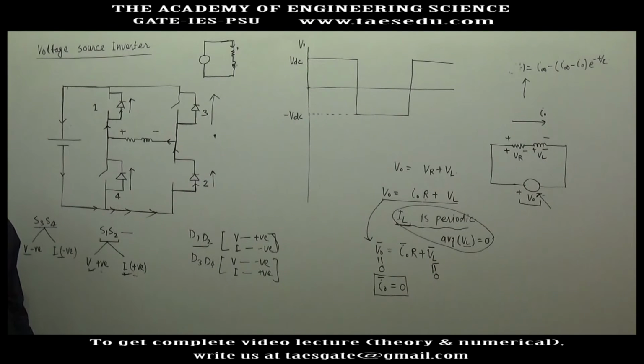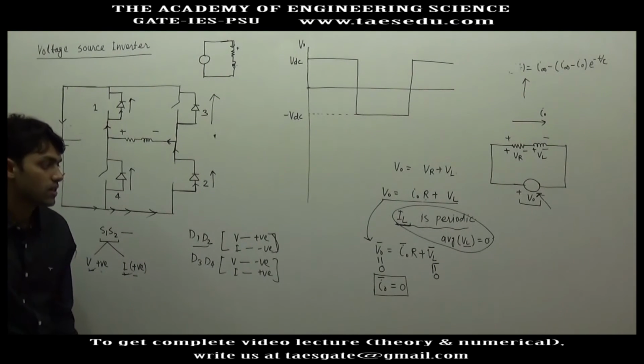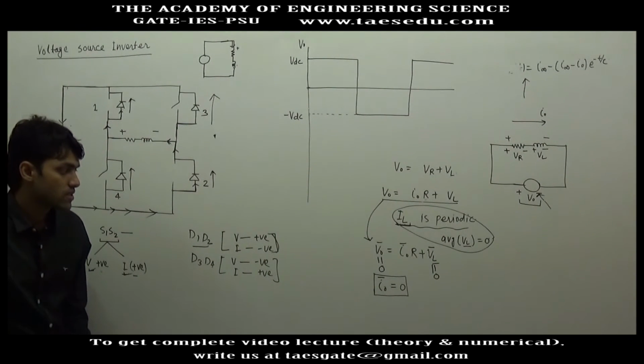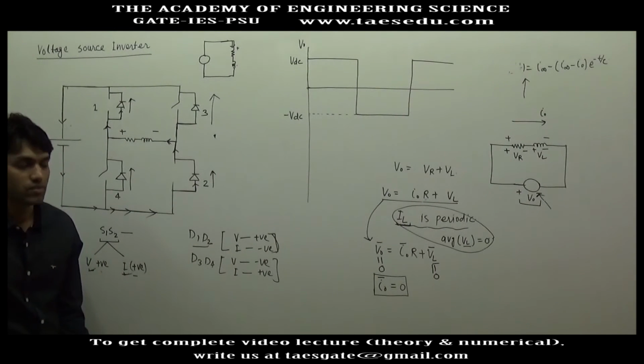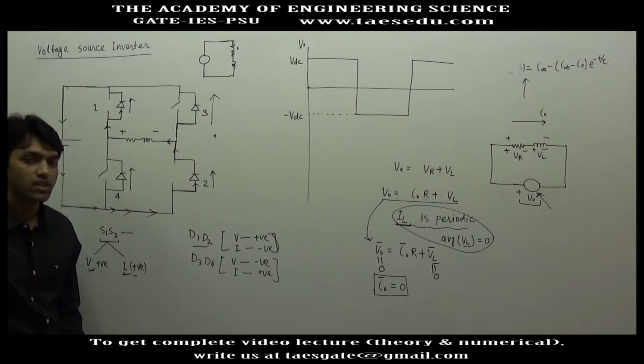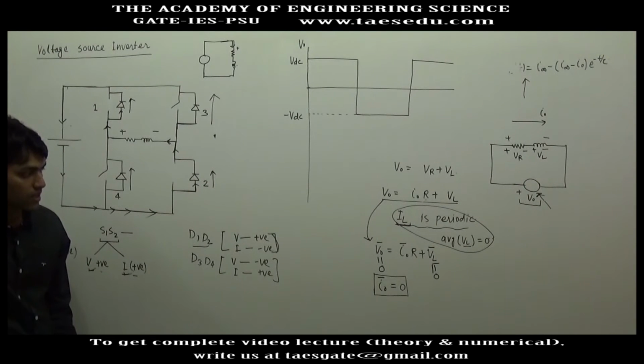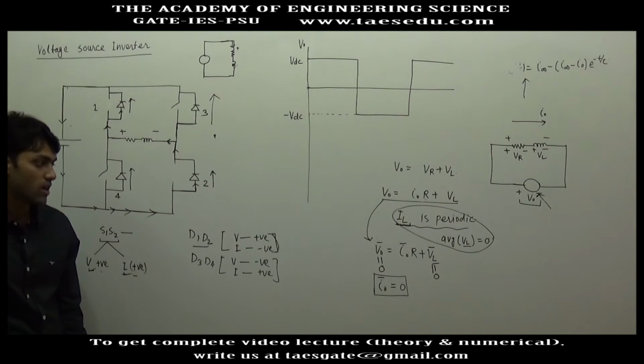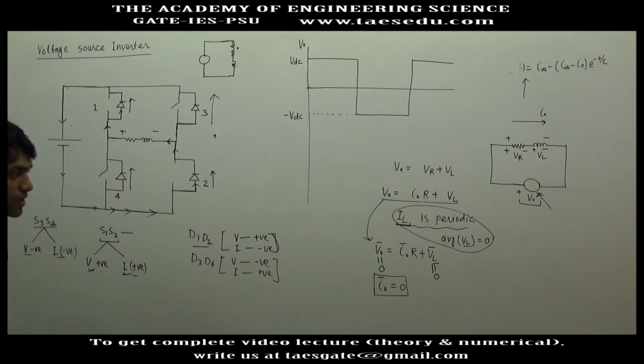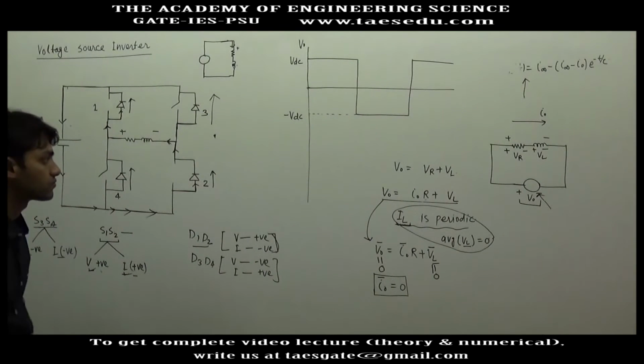If the average value of I naught is 0, it doesn't necessarily mean that I naught will always be 0. I naught may have positive value for some time and negative value for some time, and the positive area and the negative area will be exactly equal and cancel out, hence you get I naught average as 0.